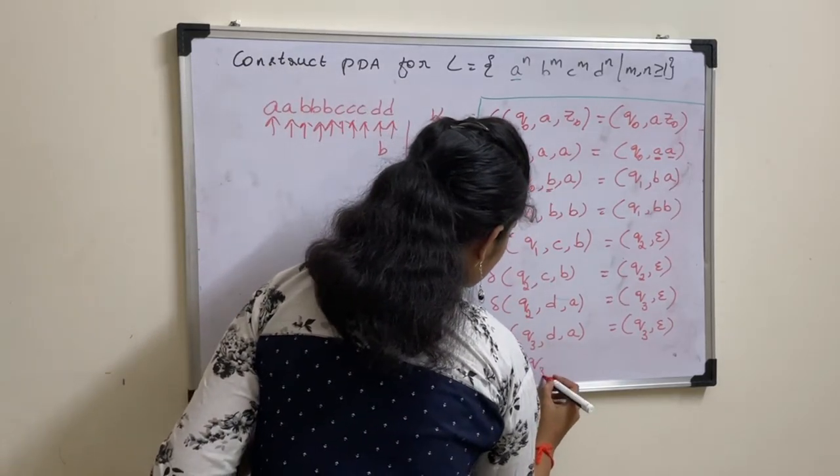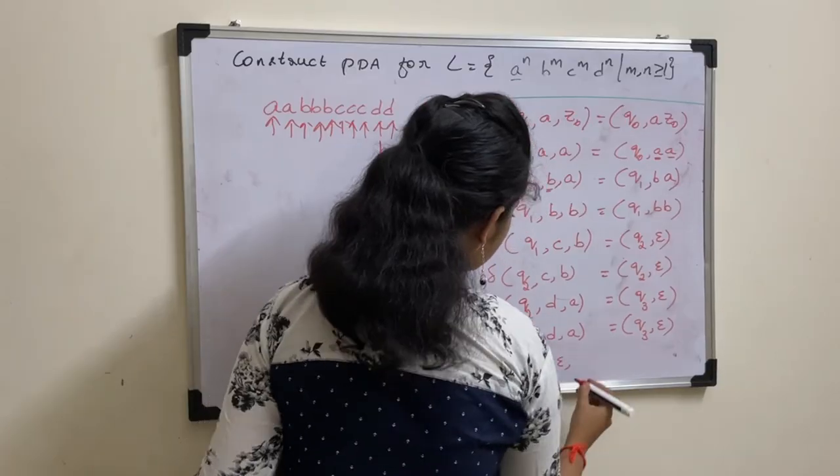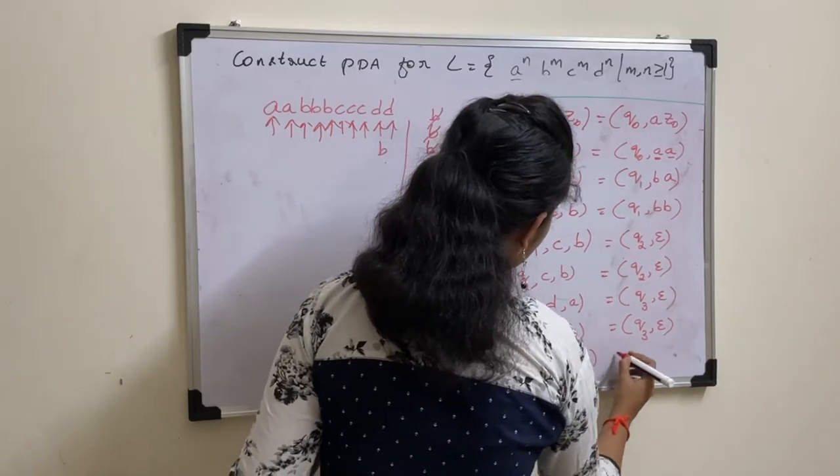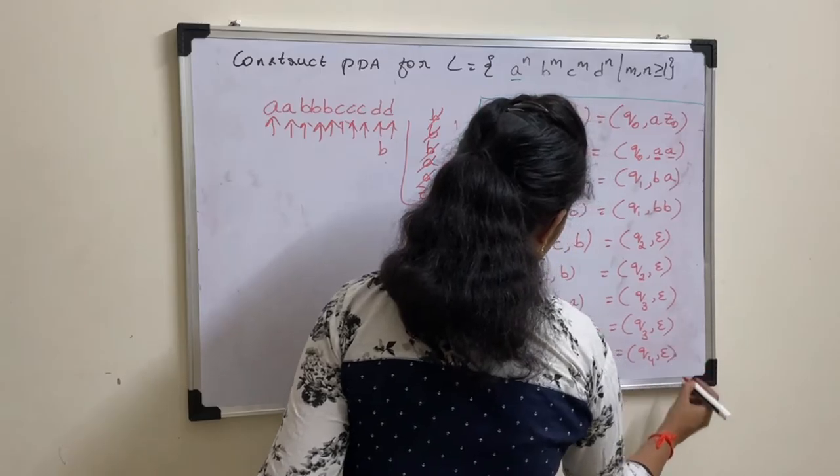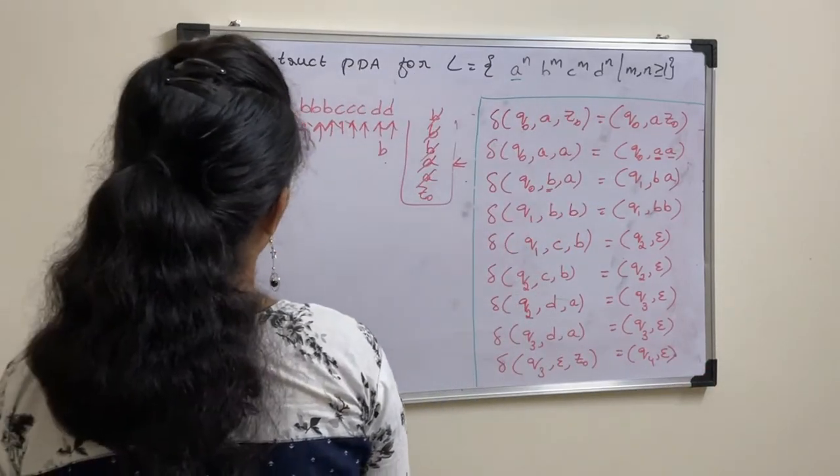So the input is empty, epsilon, the top of the stack is Z0. So change state and pop Z0 also, so that you will get Q4, epsilon.